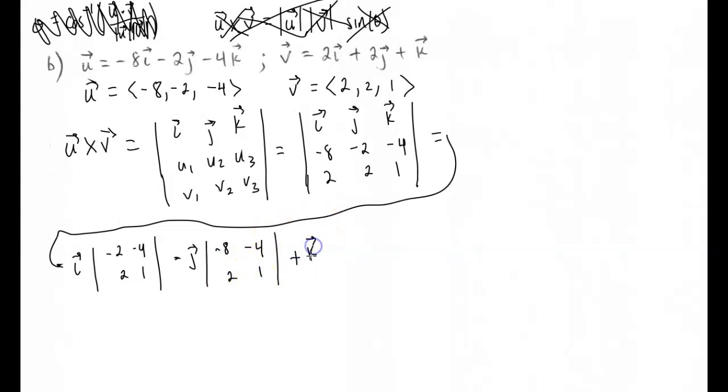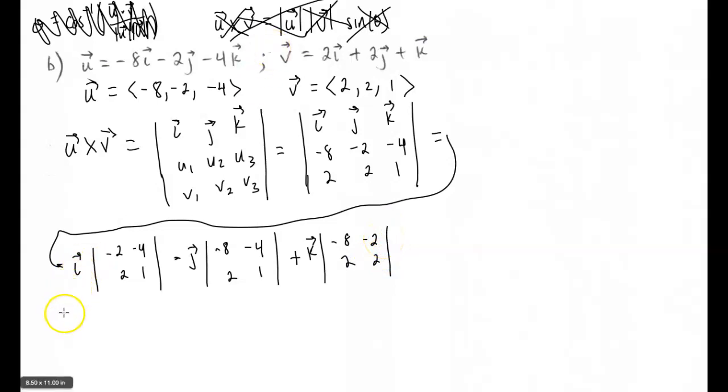And then I do times k, or plus k times, take out the column and the row with k in it, and I'm left with the minor matrix -8, -2, 2, 2.